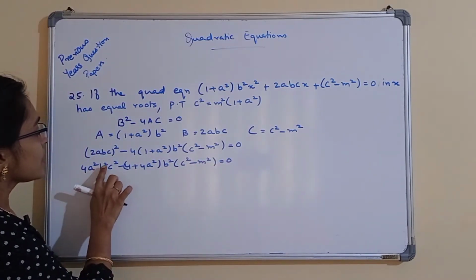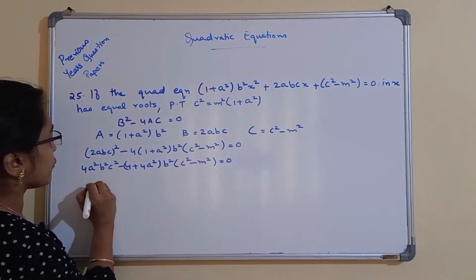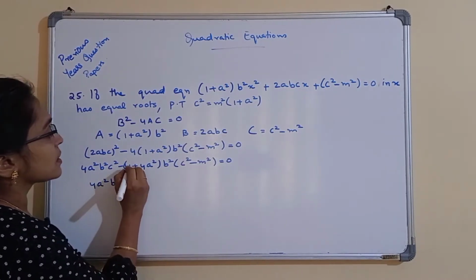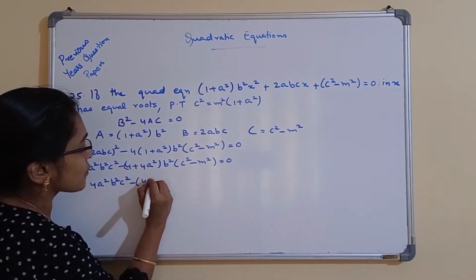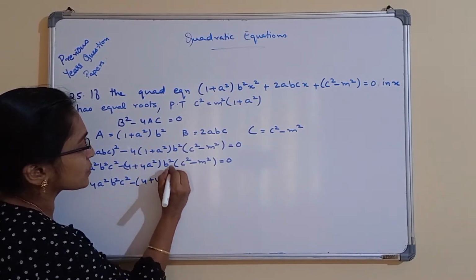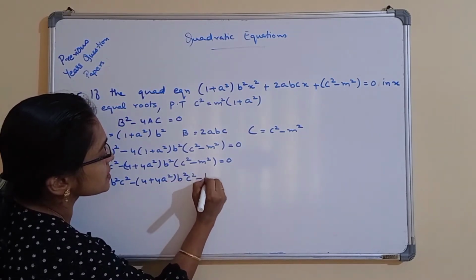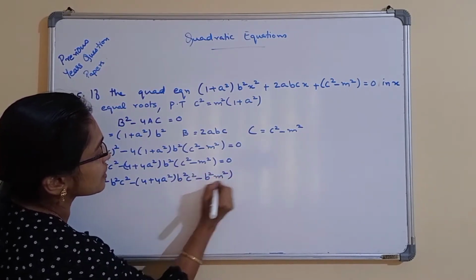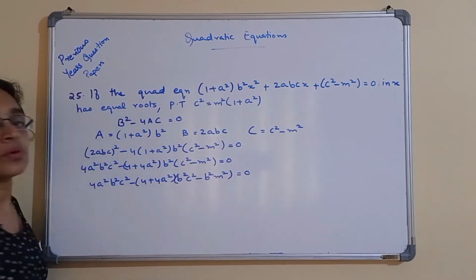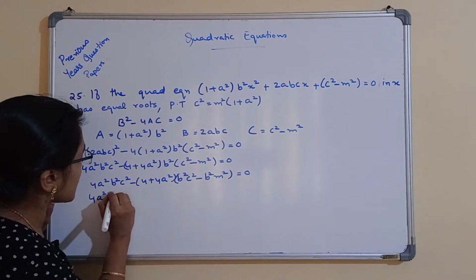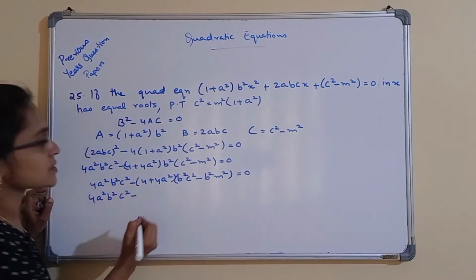Now this can be written as 4a²b²c² − (4 + 4a²)(b²c² − b²m²) = 0.